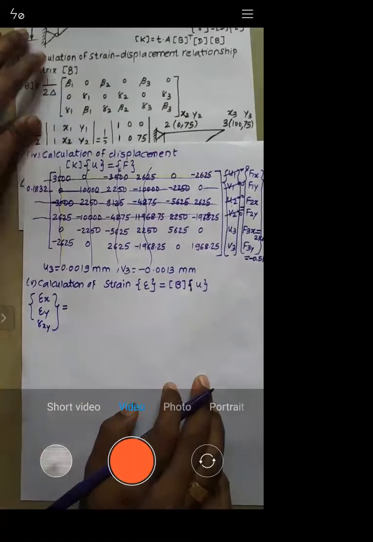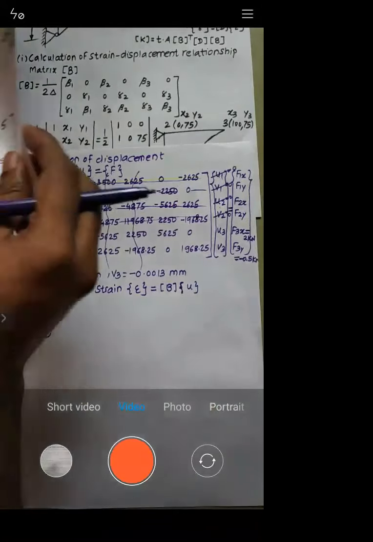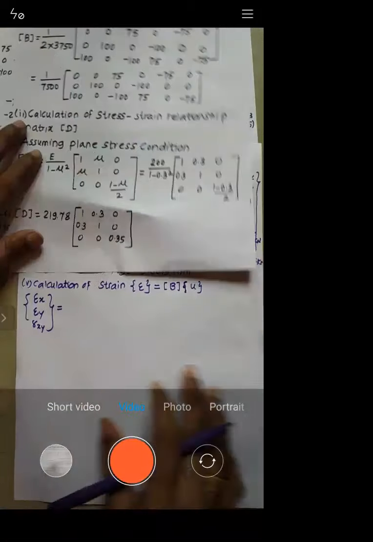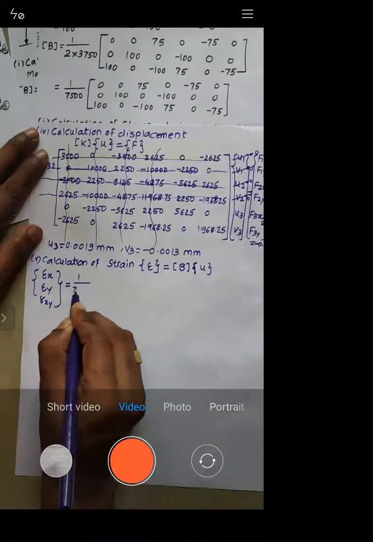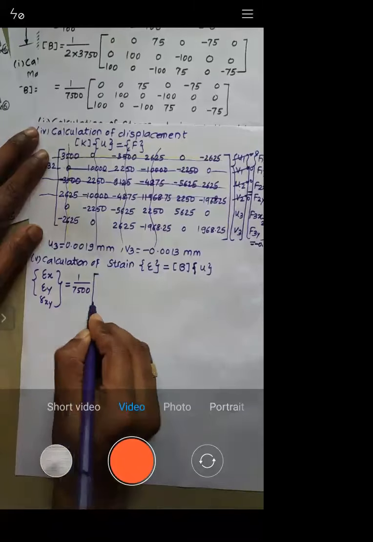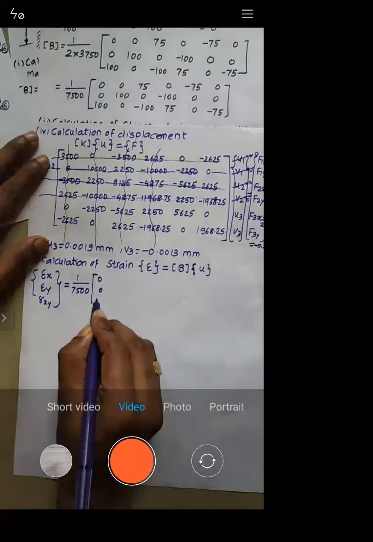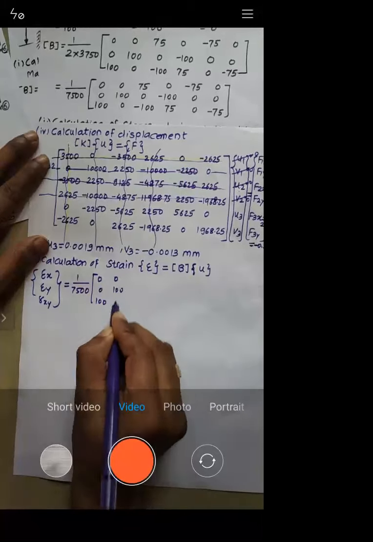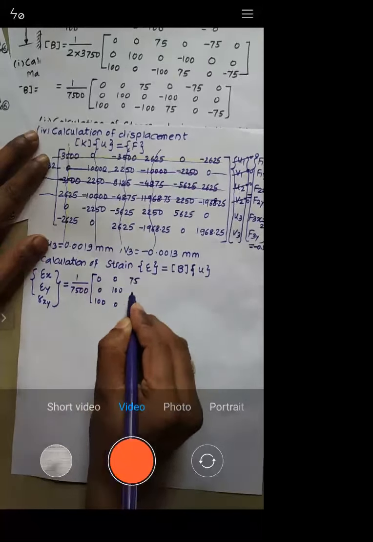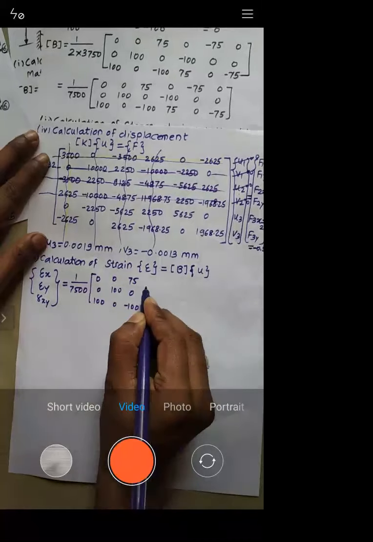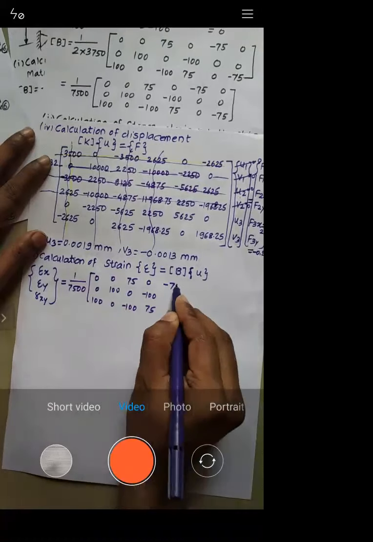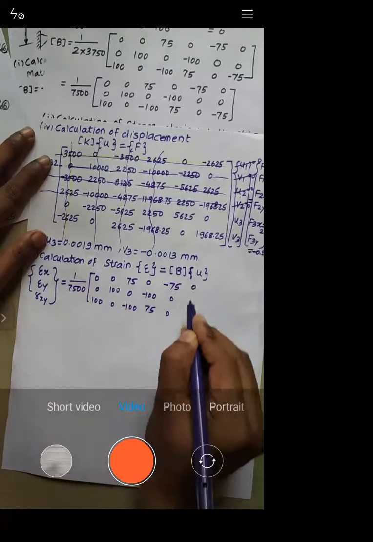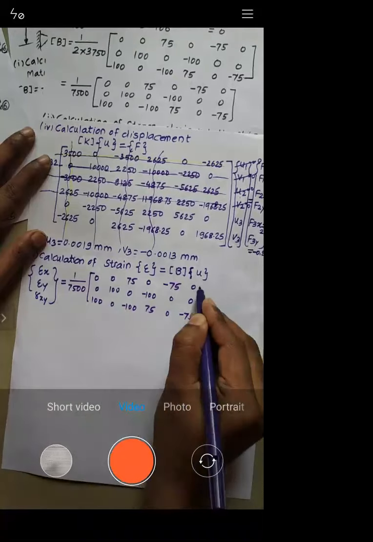The value of B we already have. I just need to copy that value of B. That is 1 divided by 7,500, into the matrix: 0 0 100 0 100 0, then 75 0 minus 100, then 0 minus 100 75, then minus 75 0 0 0 0 minus 75, right?